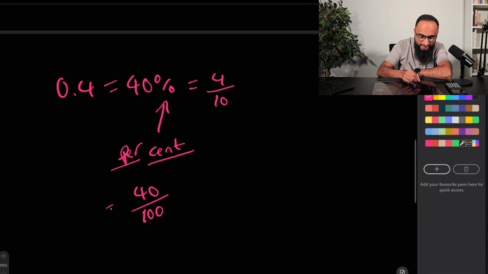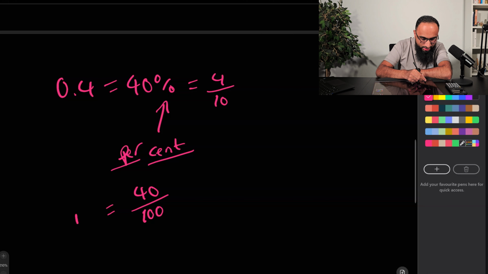Now, in decimals, the picture's slightly different because you always have the denominator as 1. So it's 0.4 out of 1. Now, we don't ever write it in this way because anything divided by 1 is itself. So you wouldn't write 0.4 divided by 1.